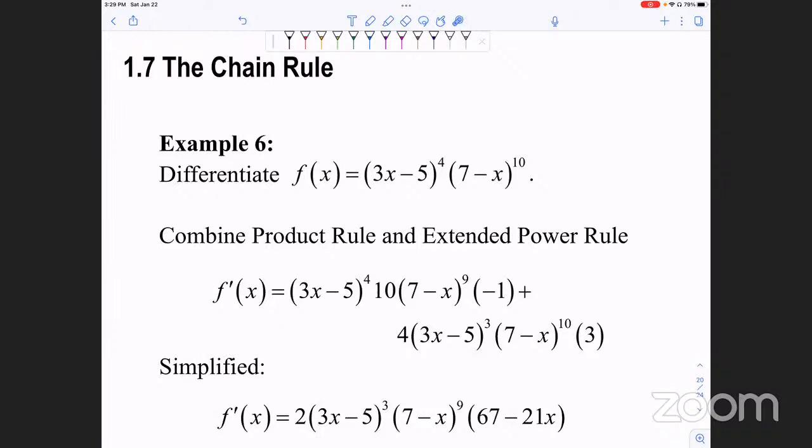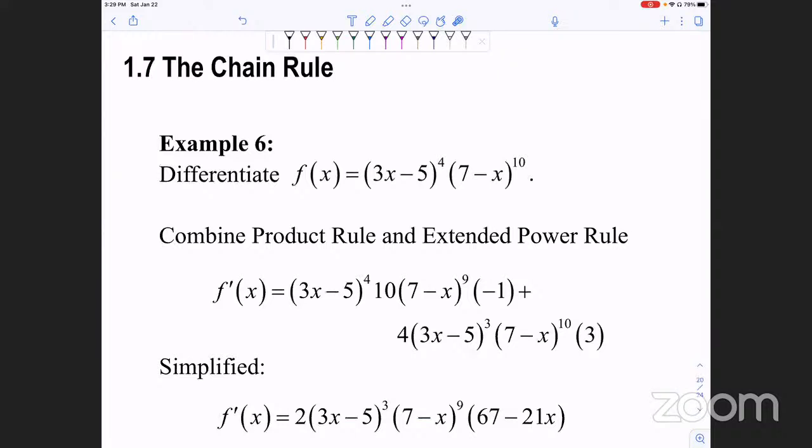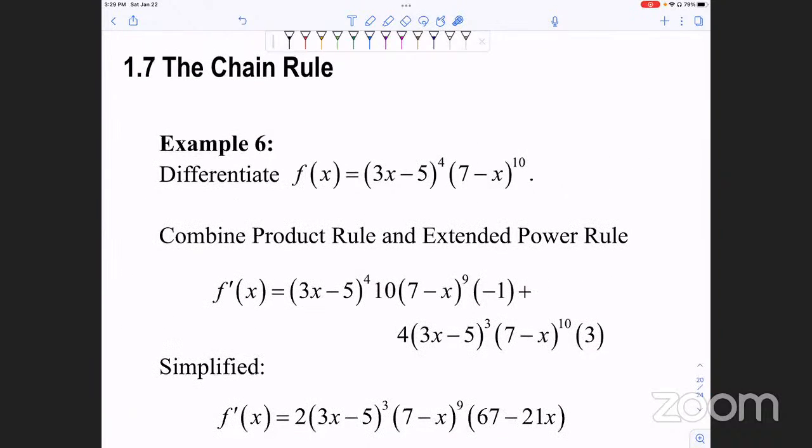I suggest that we combine the product rule and extended power rule. Let's see. Cube 7 minus x to the 9. They did figure it out was the 2.